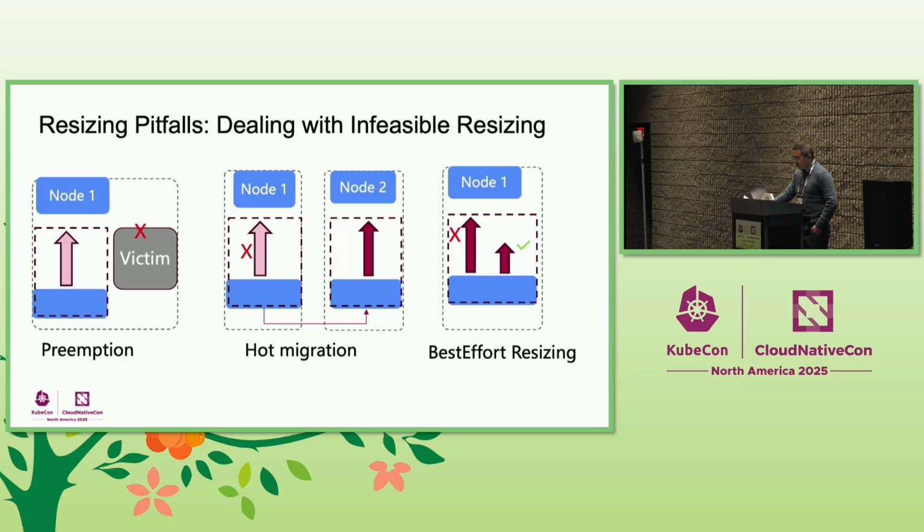So we have tried another solution, where we utilize the hot migration capability in the serverless container. When the local node does not have enough resources for the resizing, we will trigger hot migration and migrate to another node with enough resources.